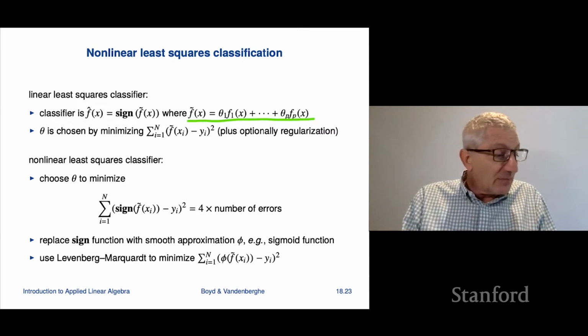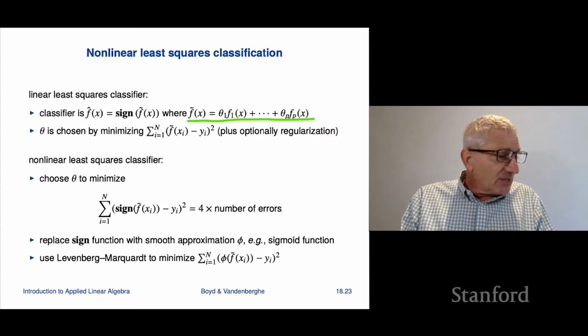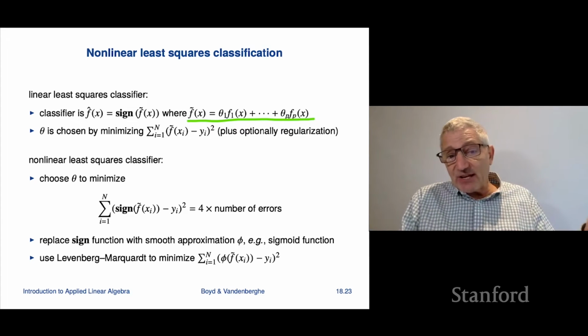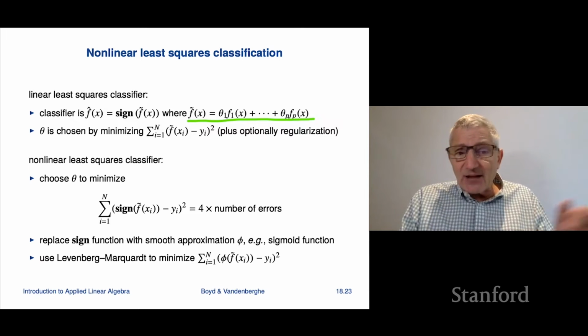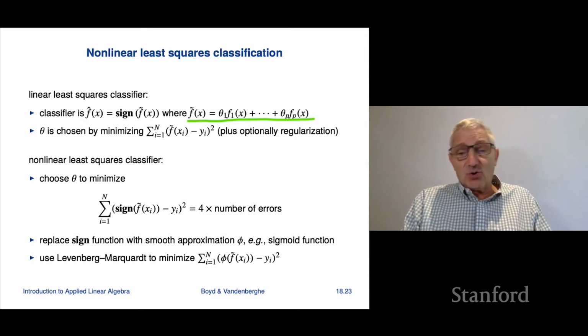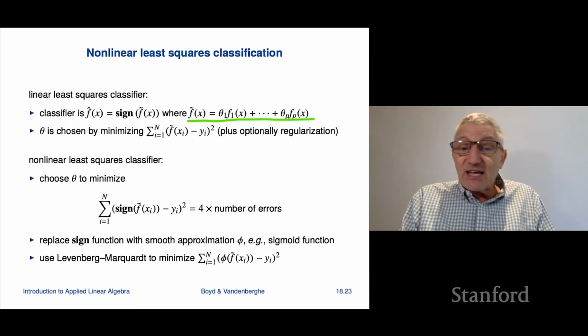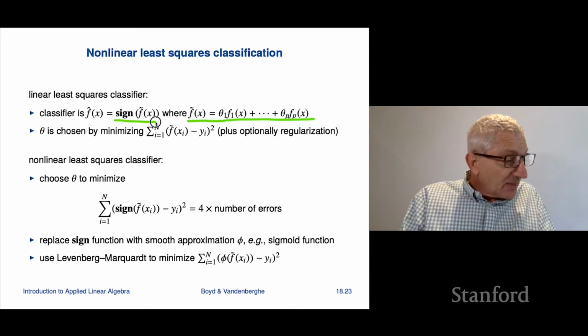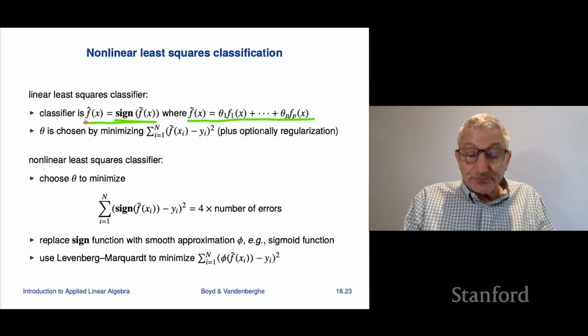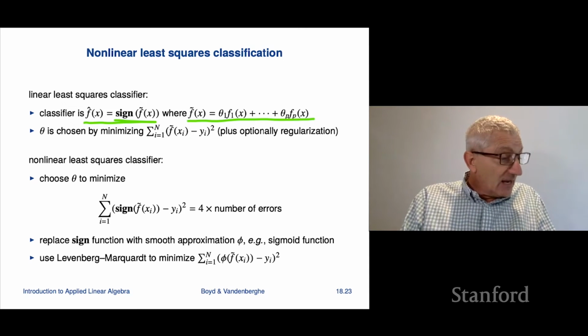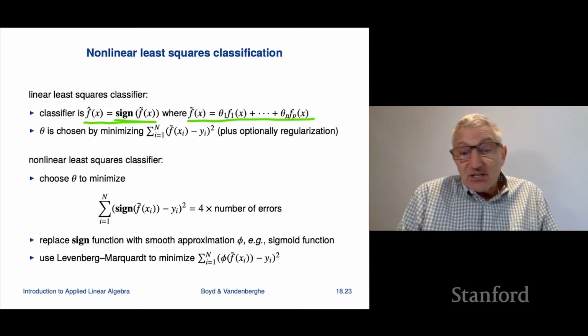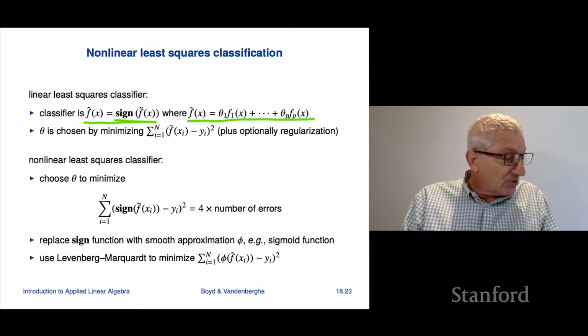Then, of course, if someone asks, for this feature vector, do you think it's true or false? You're not allowed to say it's 0.6 or partly true. What you'll do instead is take the sign of that. So that's the actual predictor. And we just use ordinary least squares to do this.